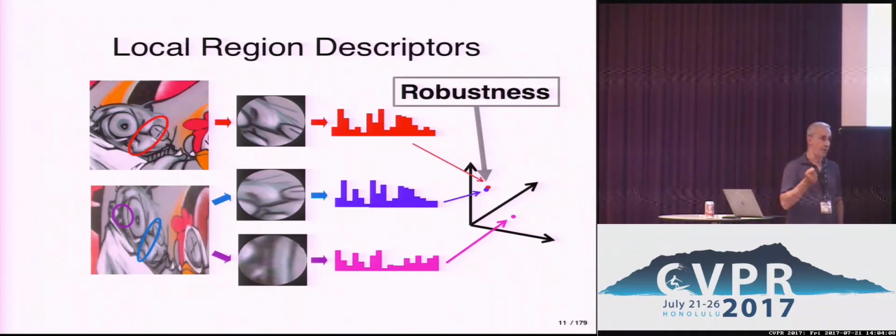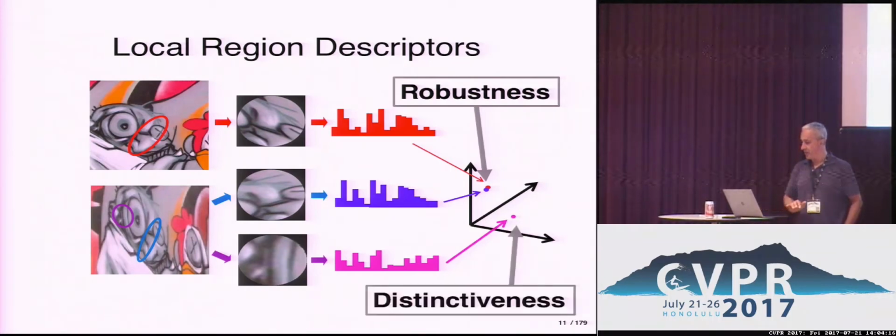In other words, robust to changes of viewpoints, but also changes of illumination. And at the same time, it's very distinctive, because if two points are different, the feature vectors ought to be different no matter what the viewpoint is.